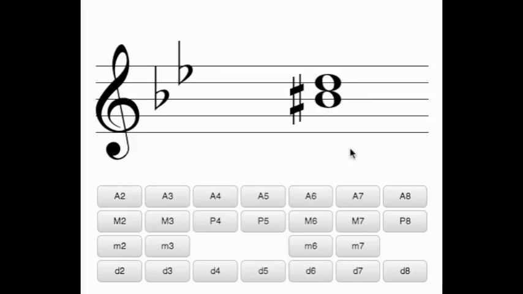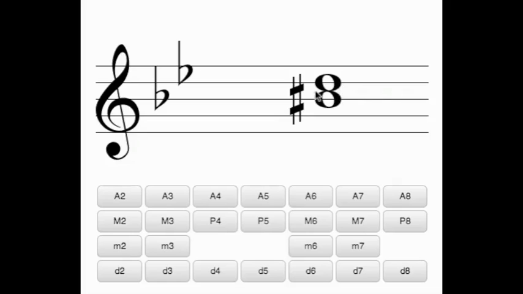Now, B major has F sharp, C sharp, G sharp, D sharp, and A sharp. So we would expect this to be a D sharp. So let's just go back one step then and count the number to get the numerical description of the interval. So we've got B is 1, C is 2, D is 3. So this is a third of some description.